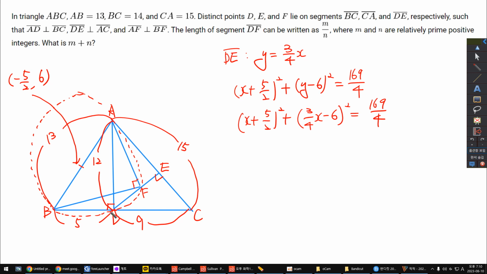And one of the x values is 0, because this x coordinate is 0.